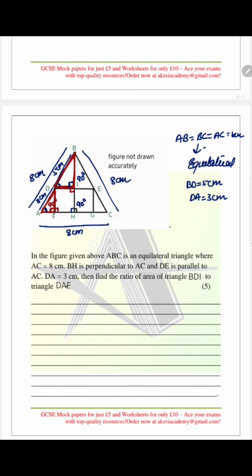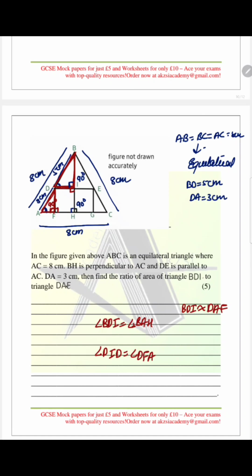Now in these two triangles, two corresponding angles are equal. That means angle BDI is equal to angle BAH, and angle BID is equal to angle DFA, which proves that triangle BDI is similar to triangle DAF.